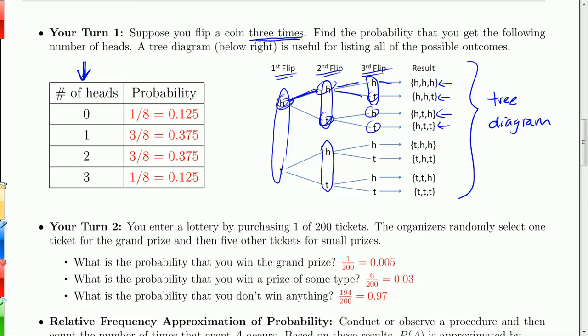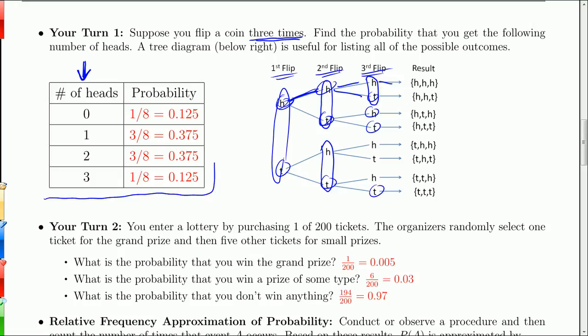And you go through that until you get all the way down to here, tail, tail, tail, and that's the bottom branch. So what I have here on the right hand side when all is done is a list of all my outcomes. That's what's great about the tree diagram. So this table over here becomes very easy to calculate.